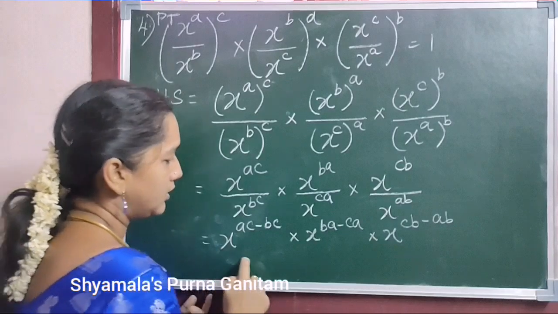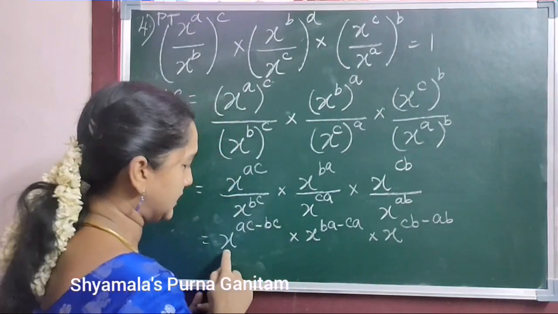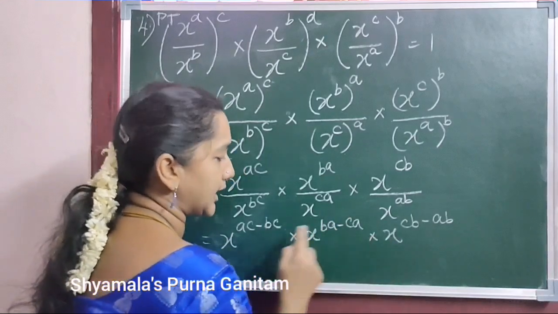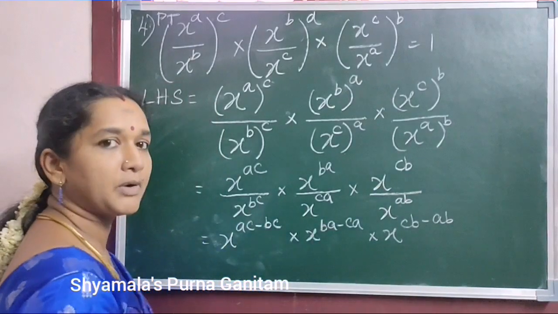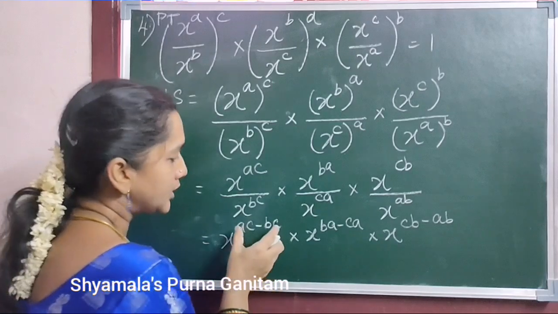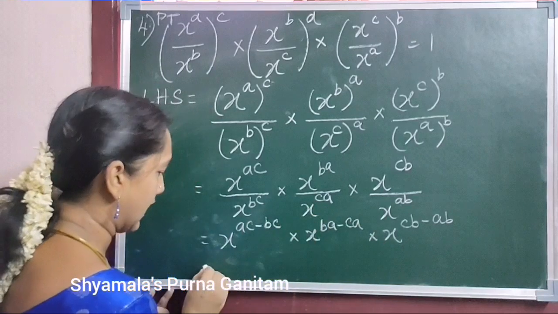So now all the base, sorry, not denominators, the base, all the base are same and you have product sign here. So the powers has to be added. A power p into a power q is a power p plus q. So this one, all these three terms in the powers has to be added.